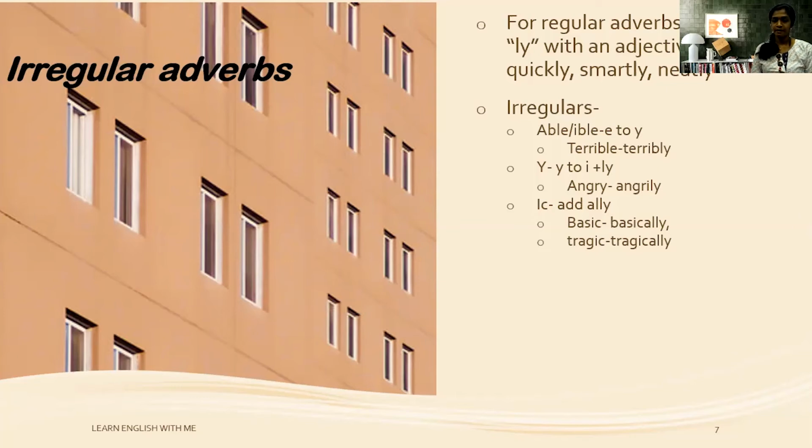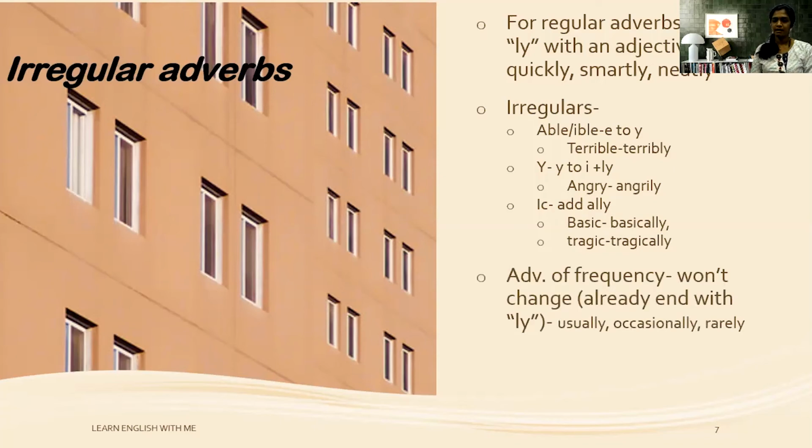Okay, and if it's ending with y, you have to change y to i and add ly. Okay, angry, angrily. And suppose if it's ending with ic, you have to add ally. Okay, ally. Basic, basically. Tragic, tragically.